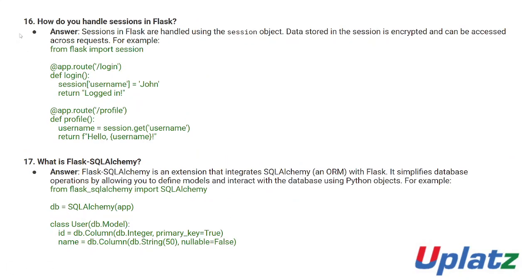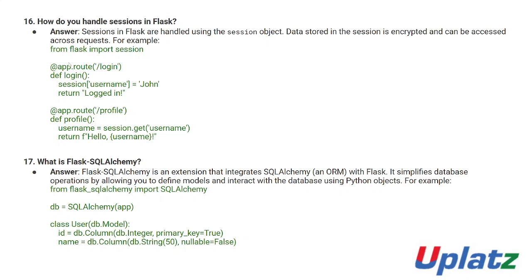Next, 16. How do you handle sessions in Flask? Answer: sessions in Flask are handled using the session object. Data stored in the session is encrypted and can be accessed across requests.